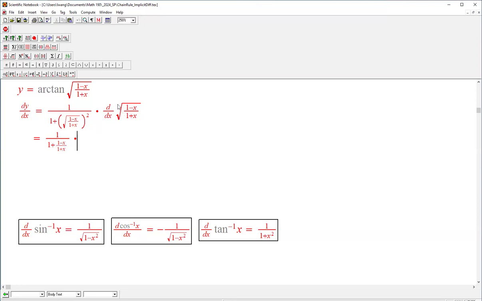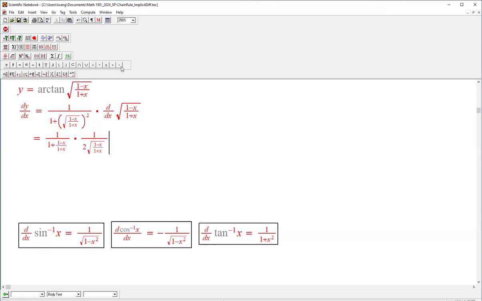And over here, we're going to take a derivative of this radical of a quotient. Imagine that was the square root of v. So that's going to be 1 over 2 times square root of v, and that v is 1 minus x over 1 plus x. So then we're going to differentiate with respect to this quotient.